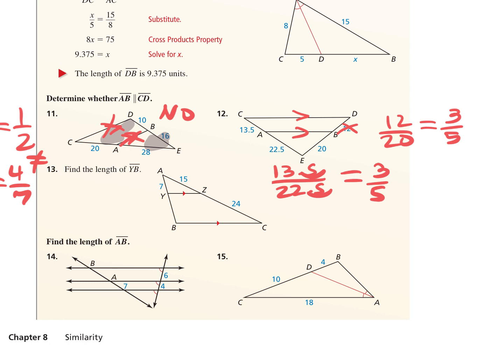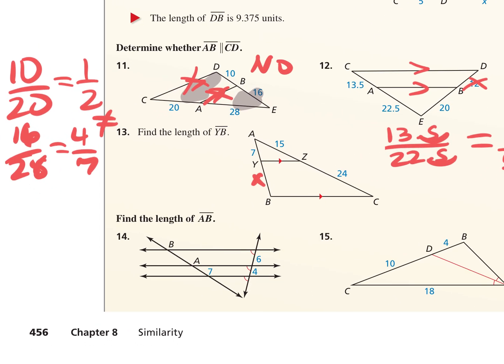To find the length of YB, let's put a little X there. And again, I'm going to do top over bottom. So I'm going to do 7 over X, 15 over 24. I highly recommend that you simplify the 15 over 24. I can divide them both by 3, and I get 5/8. And now I'll cross multiply.